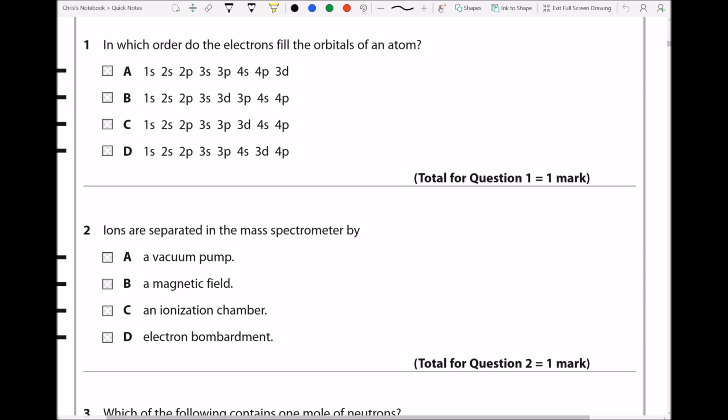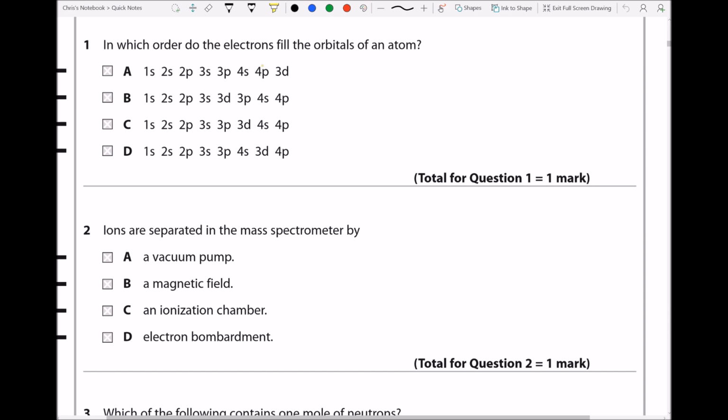It says, in which order do the electrons fill the orbitals of an atom? So we've got a series of different electron configurations, I should say. The first one is 1s, 2s, 2p, 3s, 3p, 4s, 4p, and 3d.